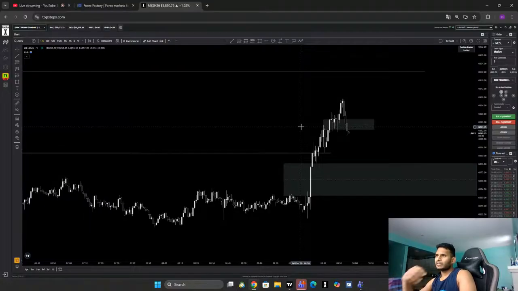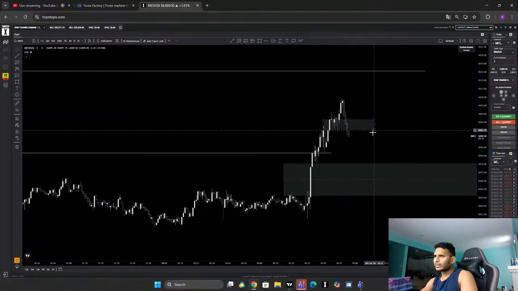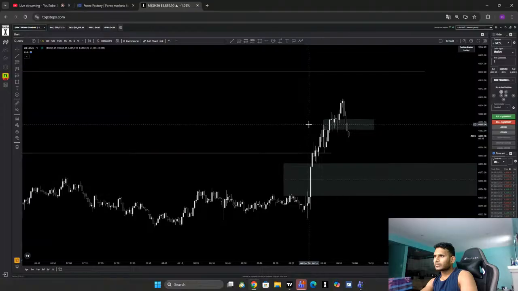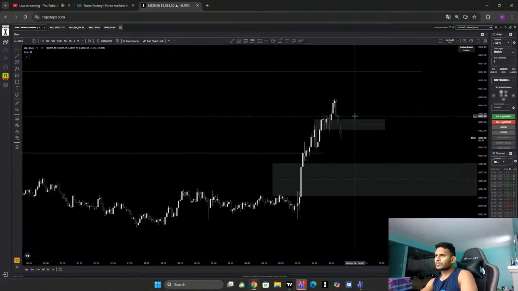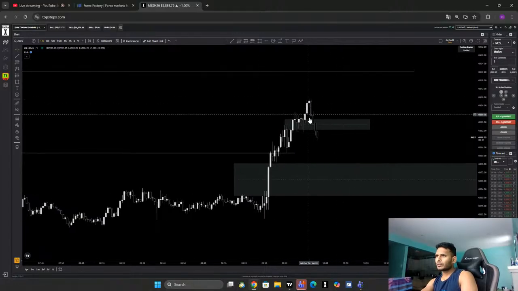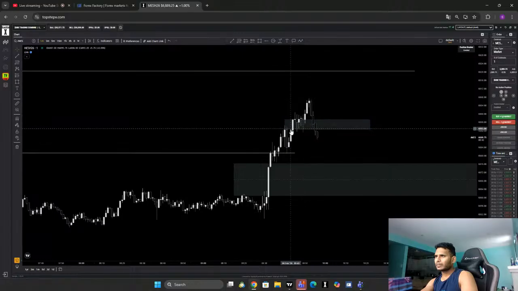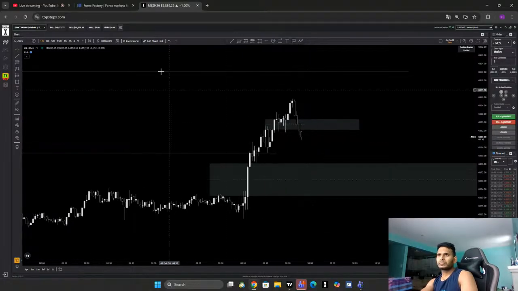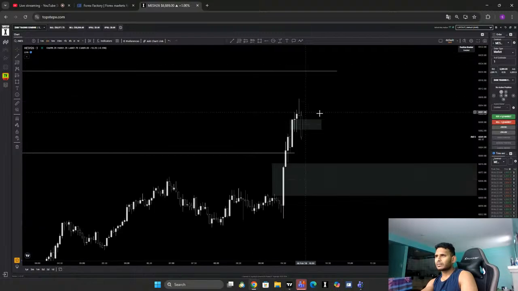Here I inverted this candle and created this change in the state of delivery, and we inverted this candle. So technically yes, we could go for an entry.